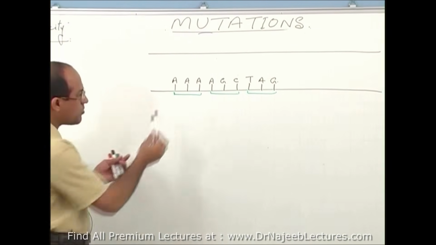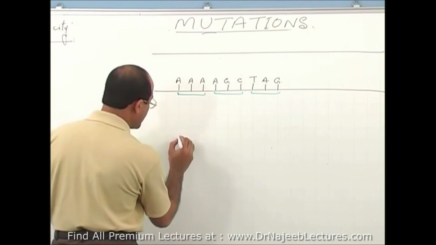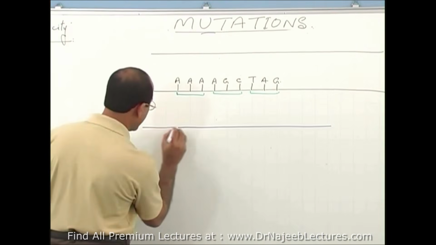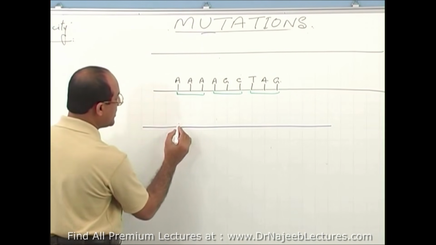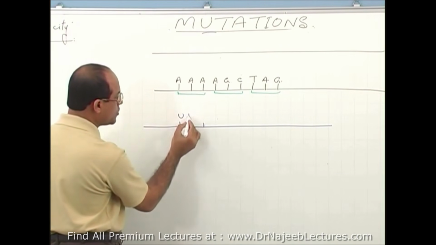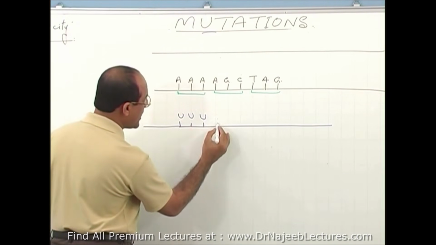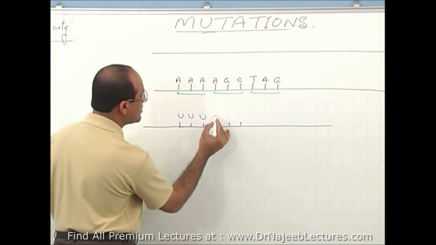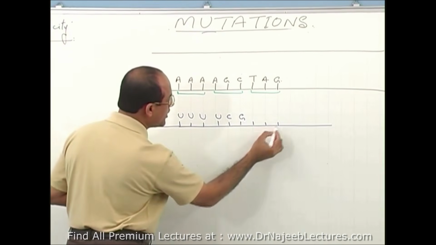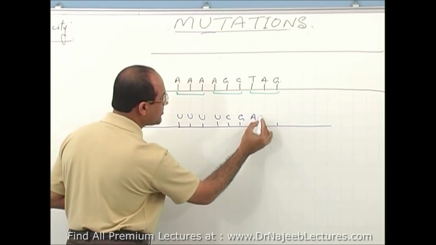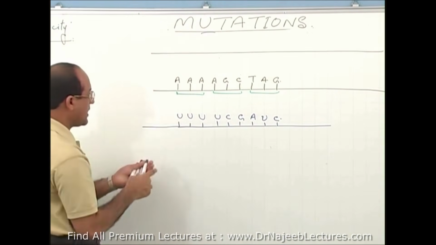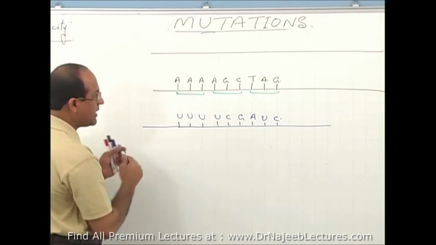Now, when we make RNA out of it, which is going to translate naturally against the AAA, what will be made? U, U, U, and here it will be U, C, G, and in third case it should be A, U, C. Now, these were codons in DNA, right, in the template.